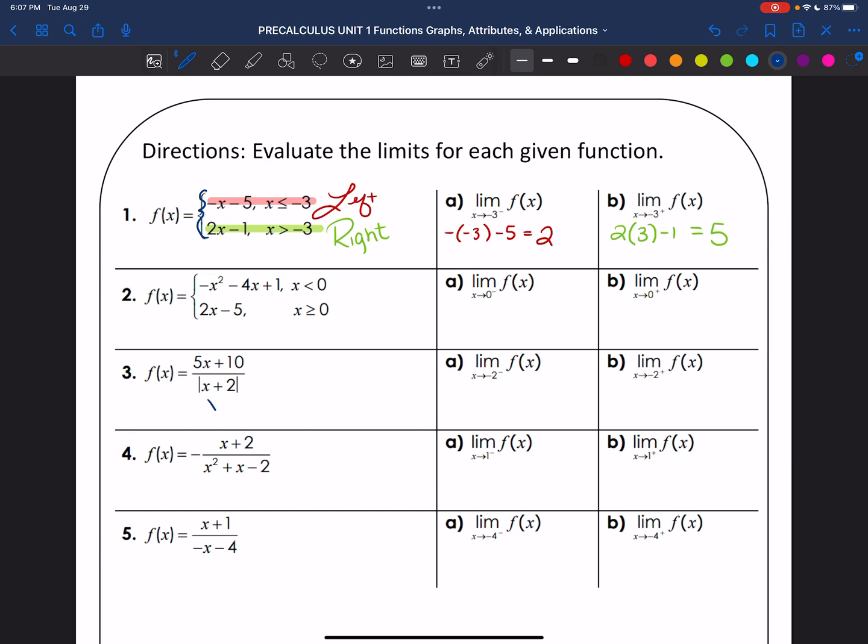And if I were to plug in negative 2, it would be the absolute value of negative 2 plus 2, which is the absolute value of 0, which is 0, but that 0 is in the denominator and it's undefined there. Do you see how the algebraic approach like we did above wouldn't work? So we really are going to use a graphical approach here.